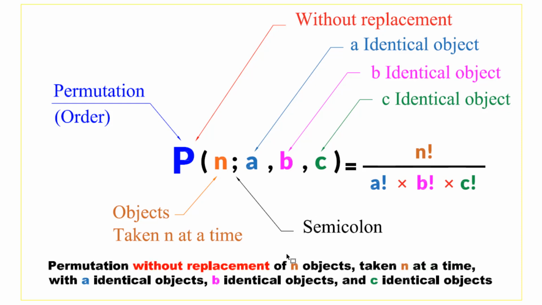So we can read it as permutation without replacement of n objects taken n at a time with A identical objects, B identical objects, and C identical objects. And this is going to be a very precise reading of it.